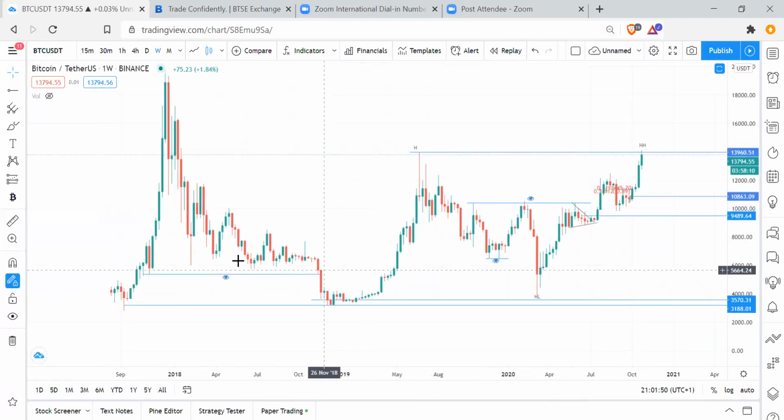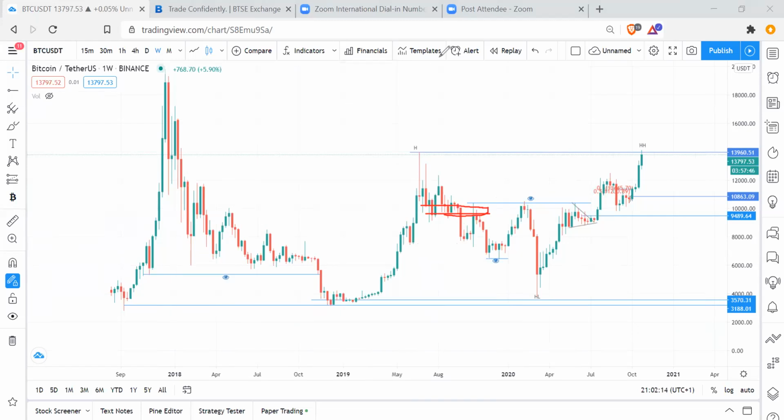So let's see. Over here, this region here, this was previous support. This region here, price bounced off it, and then broke through it.